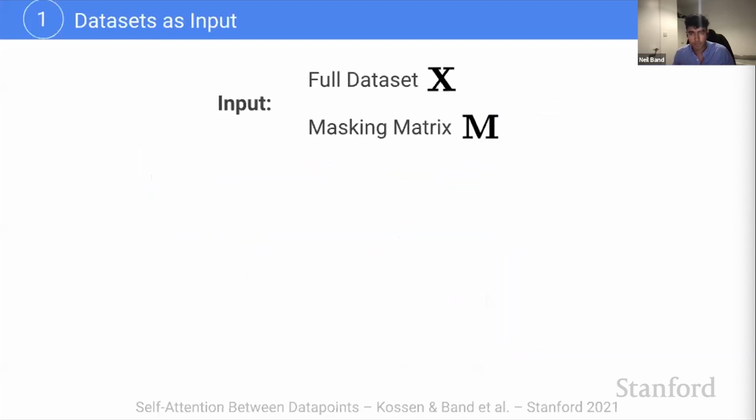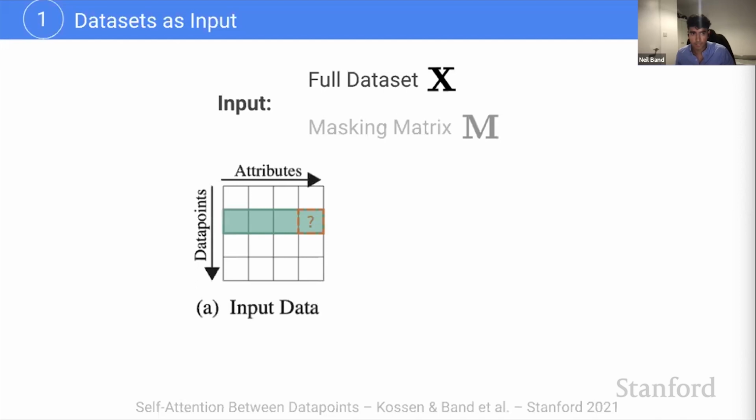To start with this idea of datasets as input, there are two things that compose the input to NPT. It's a full dataset in the form of a matrix X and a masking matrix M. Jannik has described this dataset matrix a little bit. We basically have data points as rows. The columns are attributes, and each attribute shares some kind of semantic meaning among all of its data points. Say, for example, you're just doing single target classification or regression.